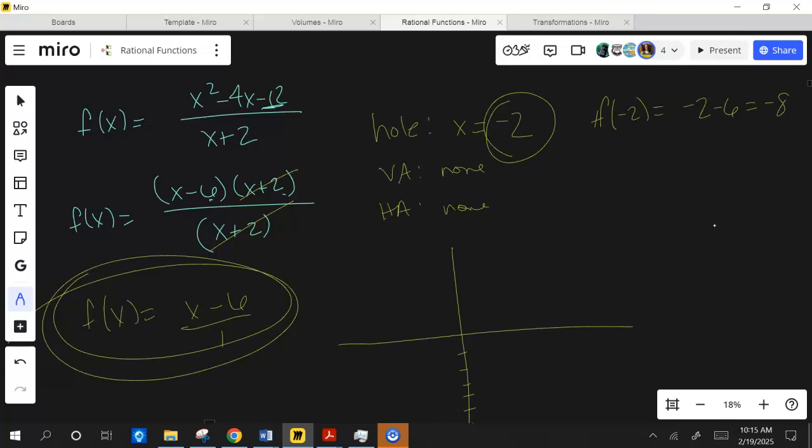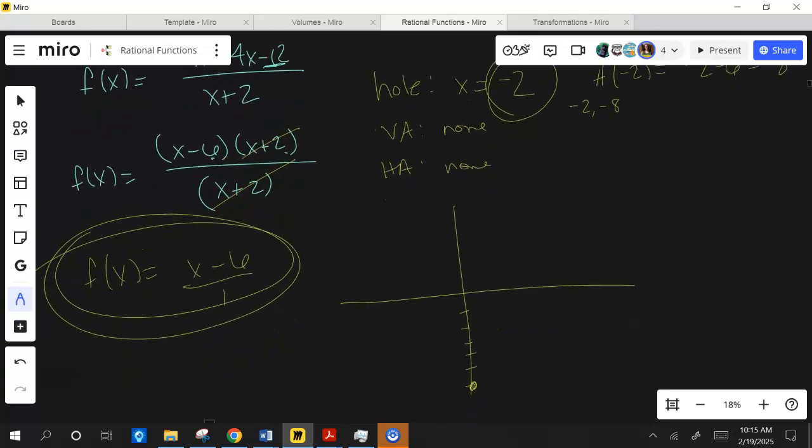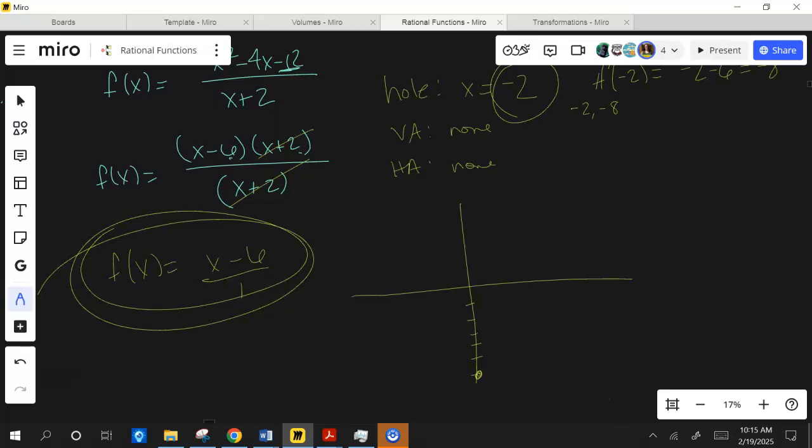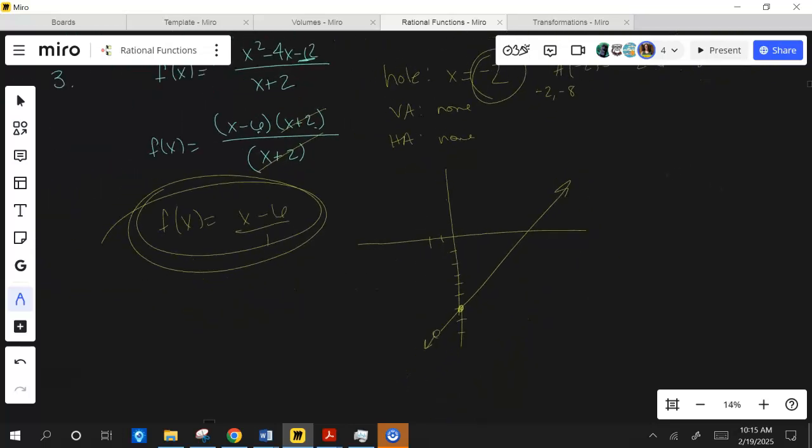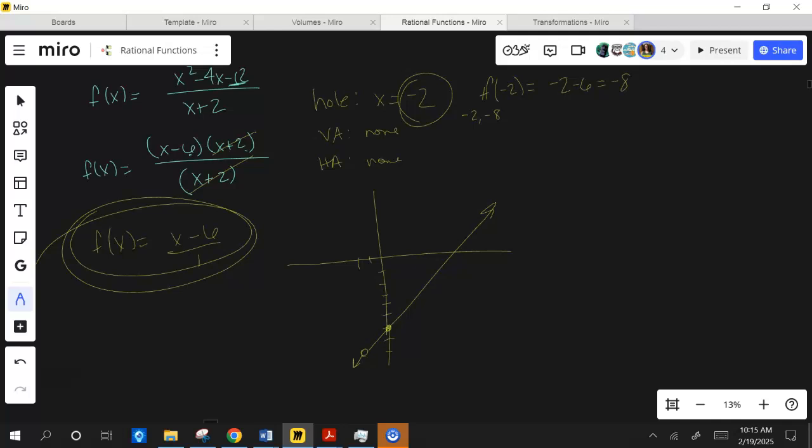That means my hole occurs at the point -2, -8. So I'm just going to plot that on my graph here. Here's my hole. Now I have 2 points that I can just connect, and there's my line. It is literally a line with a hole in it.